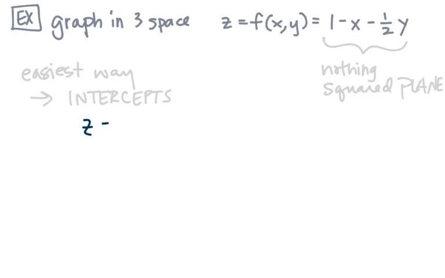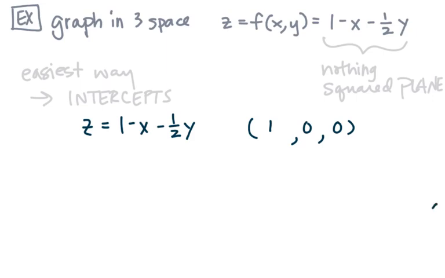So my function is z equals 1 minus x minus 1/2 y. So the first thing I'll do is I'll let y and z be 0. And if I were to do that, I have 0 this, 0 that. Add that over. I'm going to get that x equals positive 1.